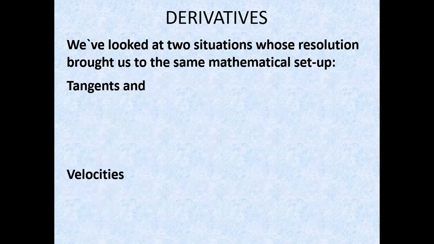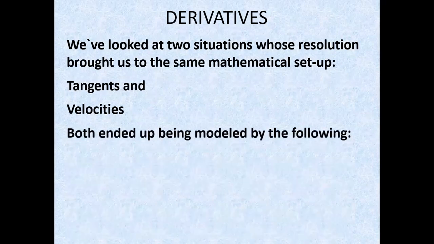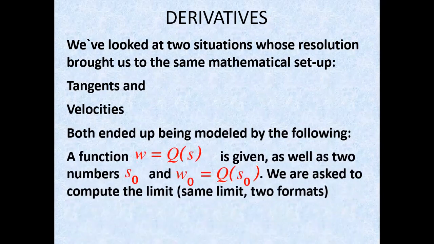First of all, the tangents and the velocities, as we looked at those two in limits, both ended up modeled by the following. जैसा कि हमारे पास एक फंक्शन था, एक पॉइंट say w, what is a q of s, that is a point of a function q is given, as well as two numbers s naught and w naught equals q of s naught. We are asked to compute the limit, the same limit but in two formats.